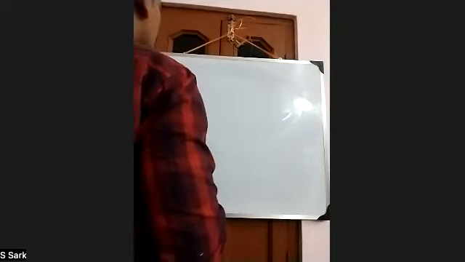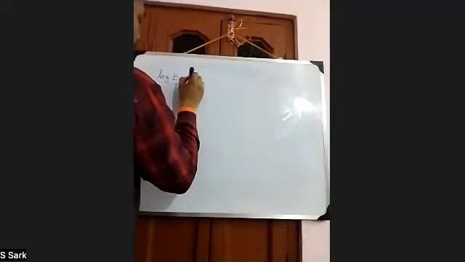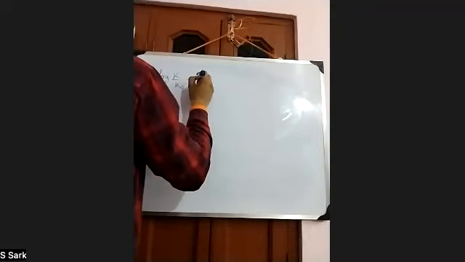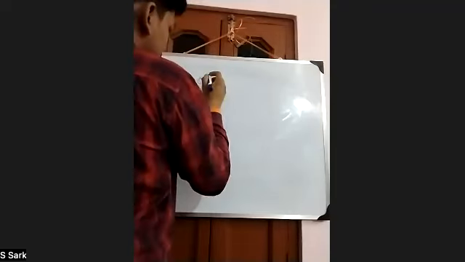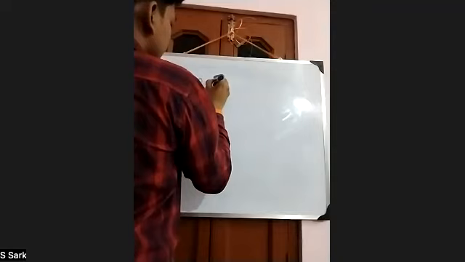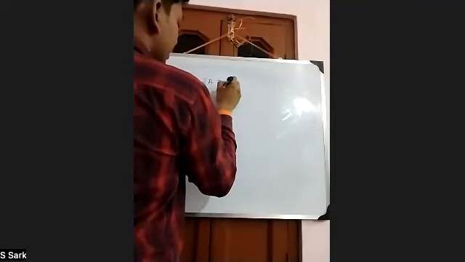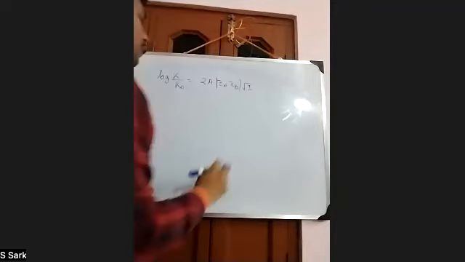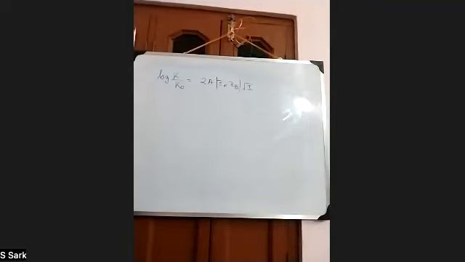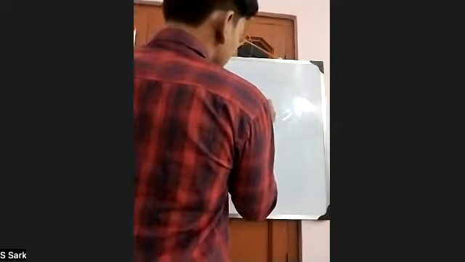So log k by k0 equals 2 into A into ZA ZB into root I. So this is the Bronsted-Bjerrum equation, the BB equation. This equation directly tells us the effect of the salt effect.